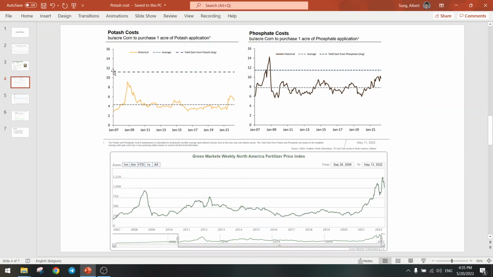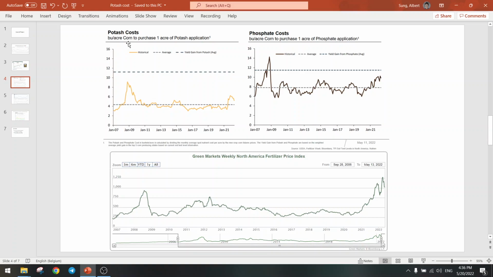So on this chart, you can see this dotted line, and it's about 11, and that's the yield gain from potash. So that's the 15 I was talking about. So when you apply potash on 1 acre, you will get a yield gain. You will have more bushels per acre, about 11 more bushels per acre.